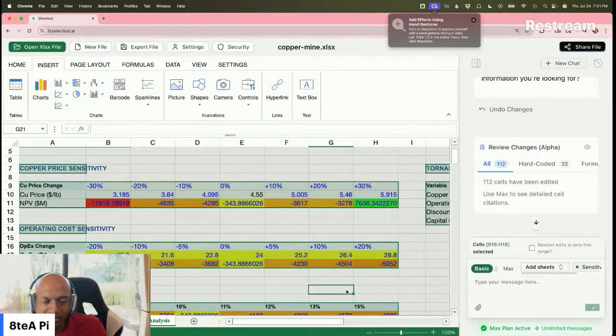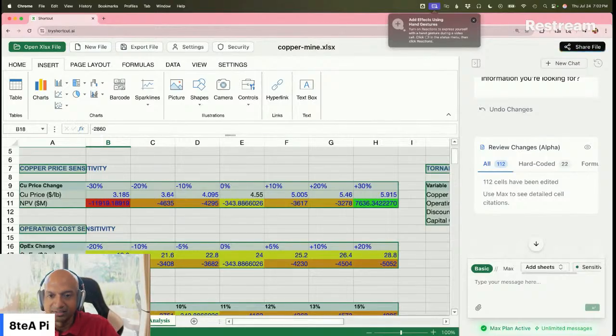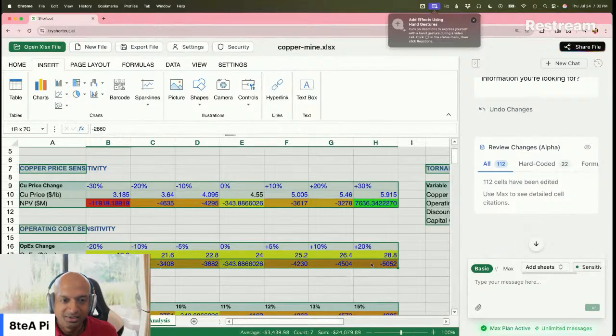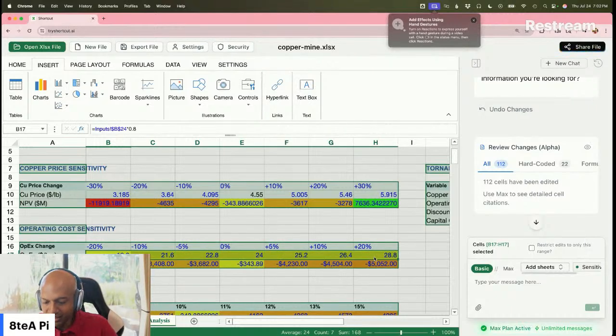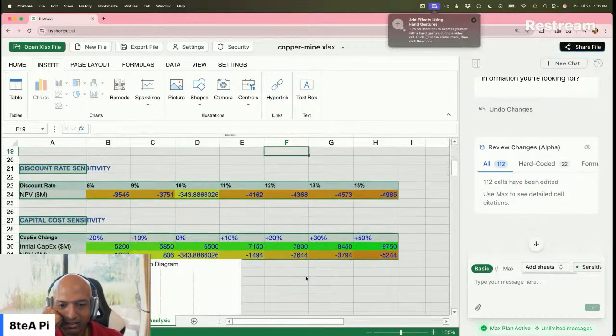If you see a minus 2860 here and it's NPV as dollars million, you expect to see that everywhere. You expect it to follow through, and it just didn't. It just decided not to, and it's really annoying. The formatting is not there. It doesn't take that much.